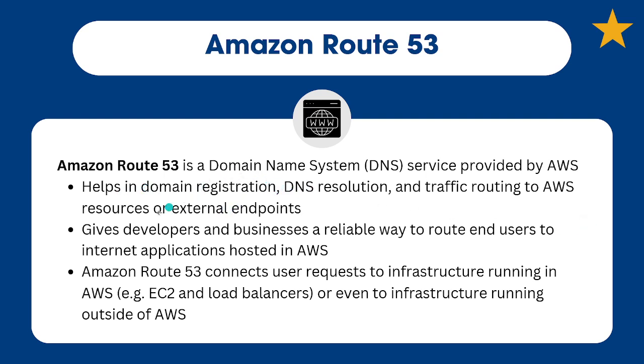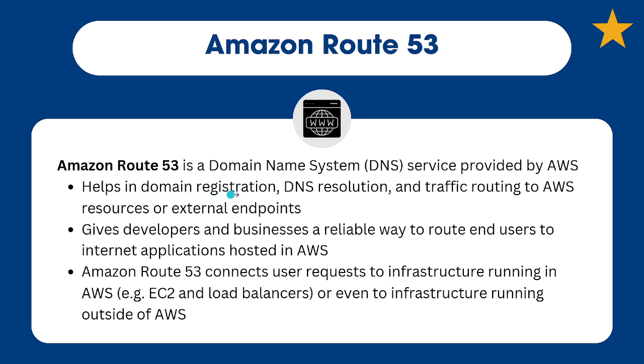Just like we had a virtual private gateway service called Direct Connect, we have a DNS service from Amazon called Amazon Route 53. Not sure how they named it, but if you're curious, I'd love for you to find out and let me know. Amazon Route 53 is a DNS service.